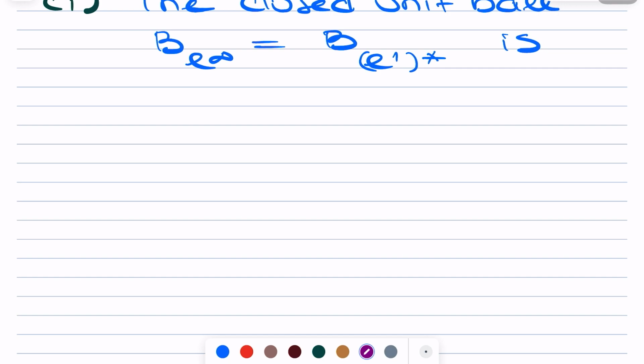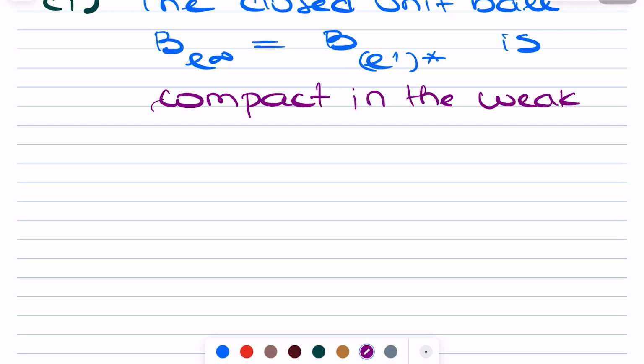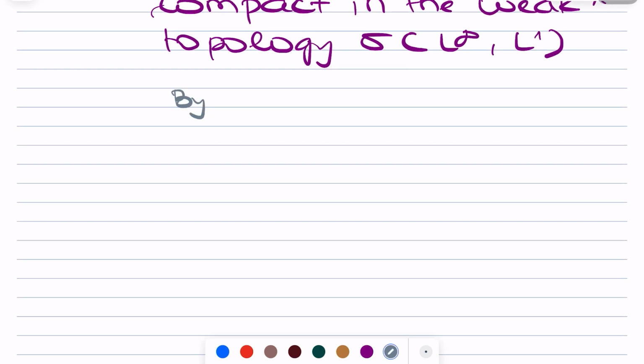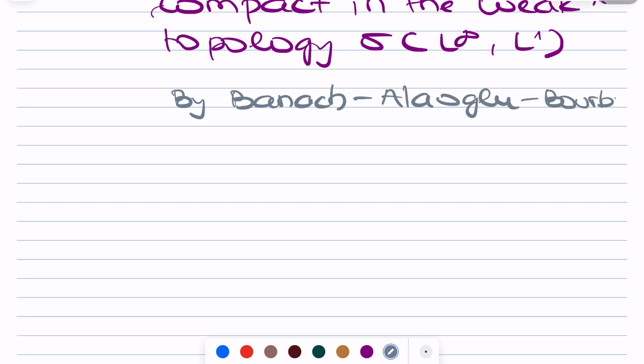So this is compact for the weak star topology sigma(L infinity, L1), by the Banach-Alaoglu-Bourbaki theorem.